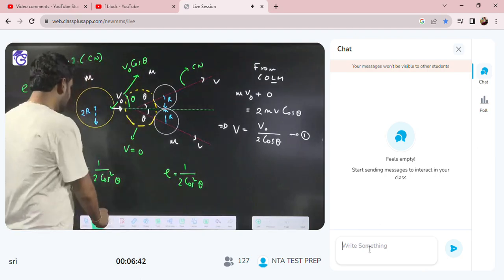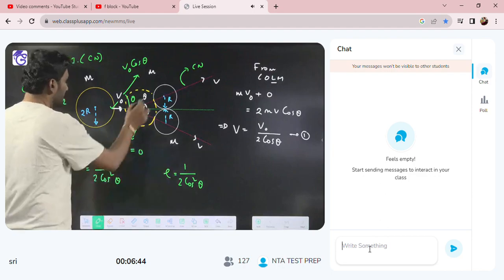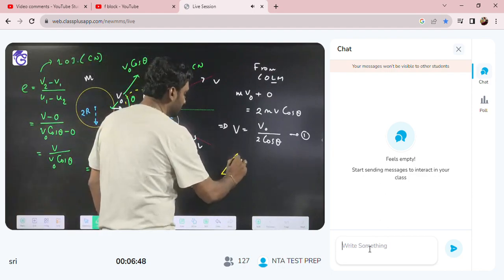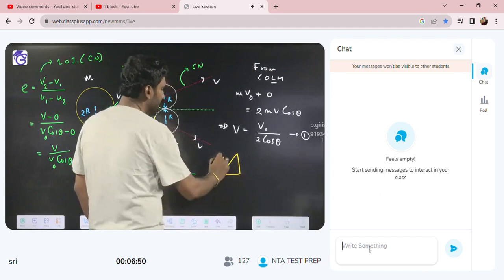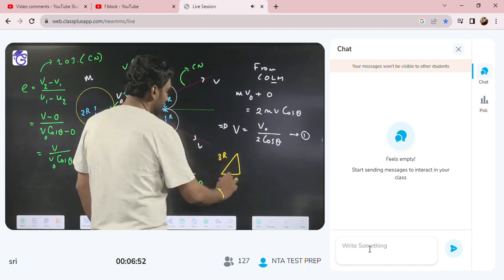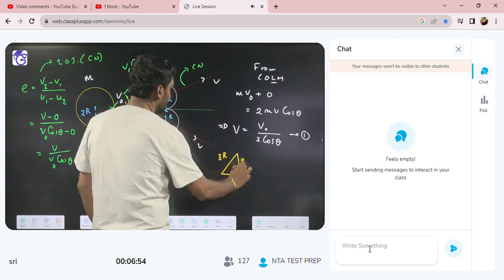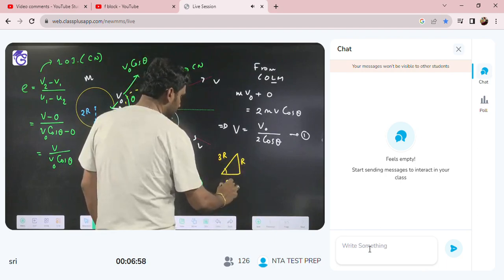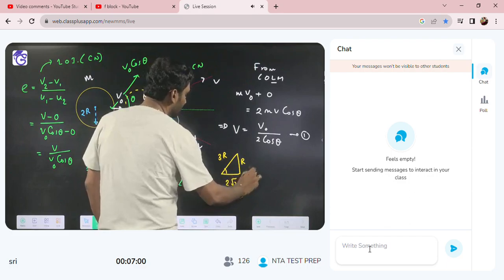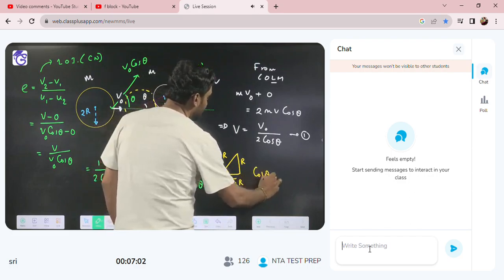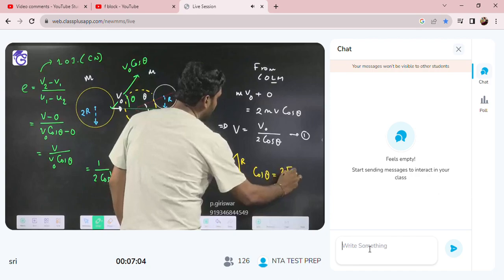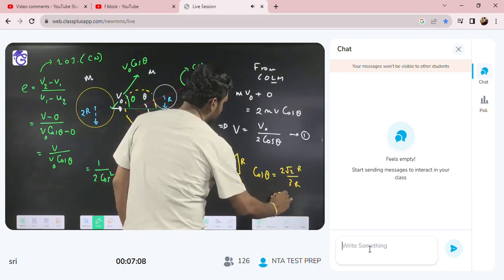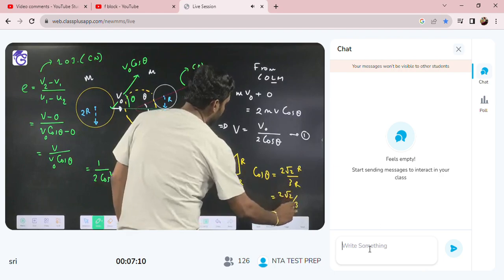Now if you look at this triangle, it's a very interesting problem. If you look at this triangle, this side is 3r, this side is r. So from geometry, this will become 2 root 2r. So cos theta is 2 root 2r by 3r, which is 2 root 2 by 3.